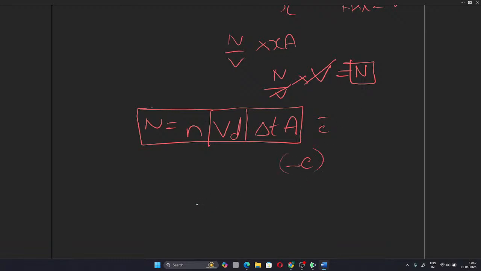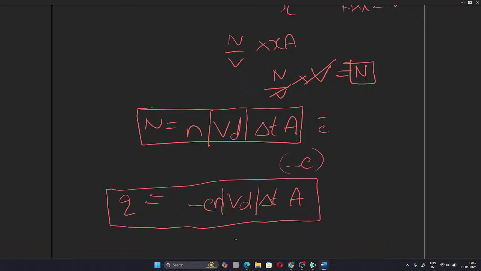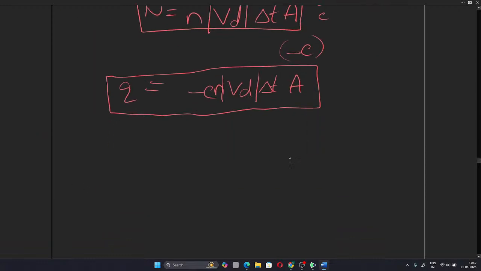So if we multiply this, we will get minus e times n times Vd times delta t times A. This is basically N times minus e, which is the charge of all the electrons, and this charge we can write as I delta t, because q by t equals I, so it equals q.